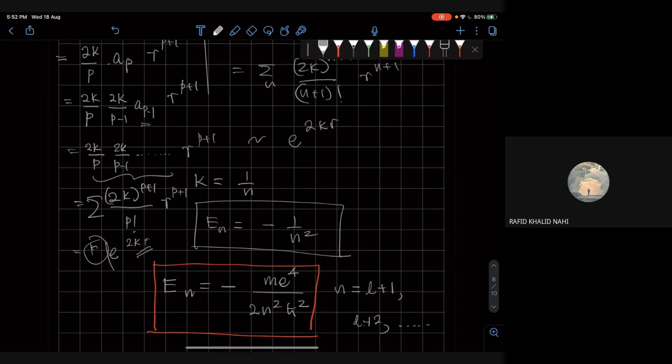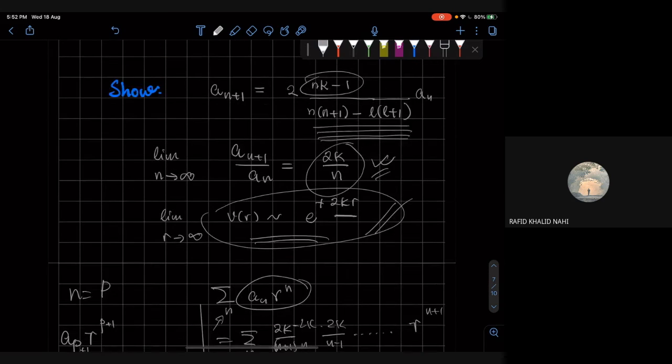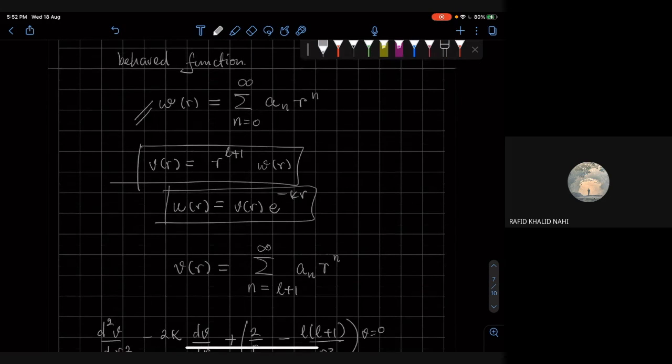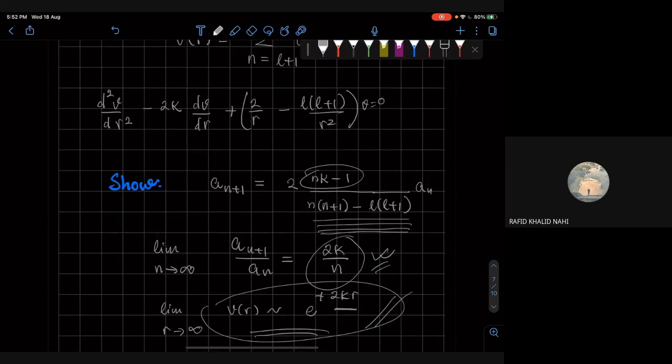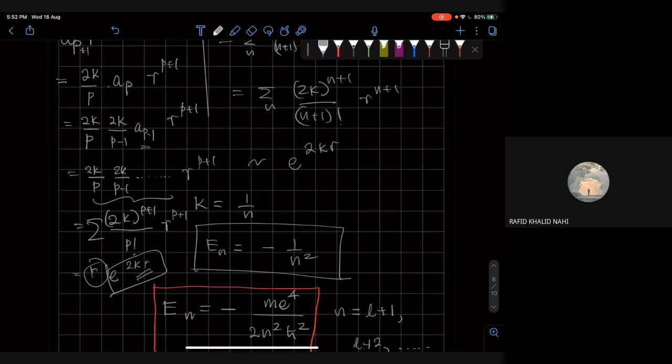And now if I compare this thing to this thing, we see that because it's minus k over here, and here we get plus 2k, this is going to dominate. Therefore, the wave function for large values of r is going to have e to the power kr, and therefore it's going to diverge.